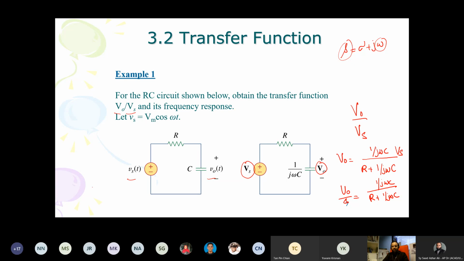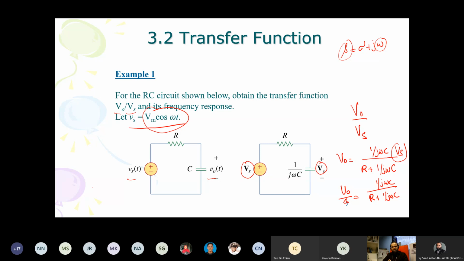The input is given here, but remember that in transfer function we want to have it in terms of output and input variables. So I'm not going to put Vs coming from here. We're not putting S upon S square plus omega square.